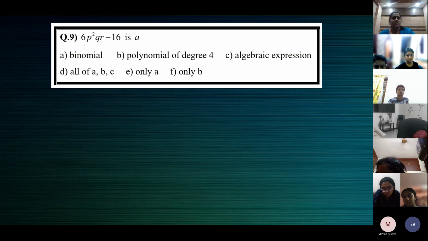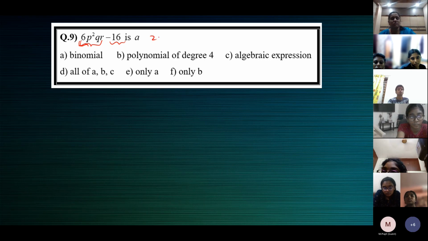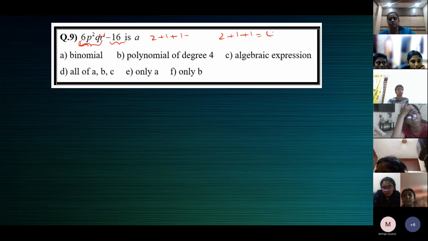Because this one is a binomial. It has two terms. So it is a binomial. It is a polynomial of degree 4 because in this term here, 16 is a constant. Leave that. The variables are here. P squared Q R. So 2 plus 1 plus 1, because the power is 1 here. So 4.